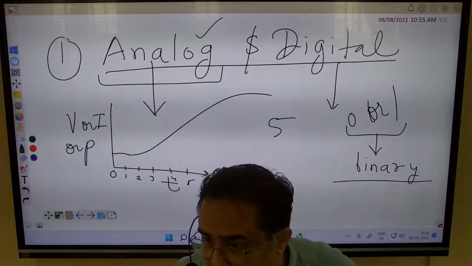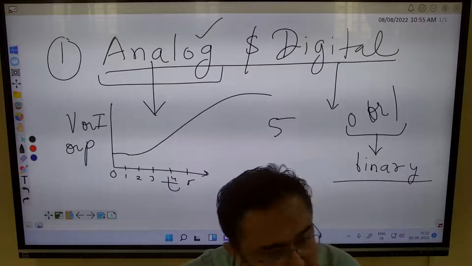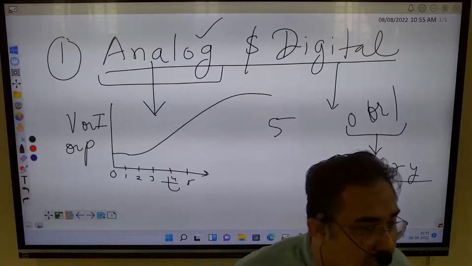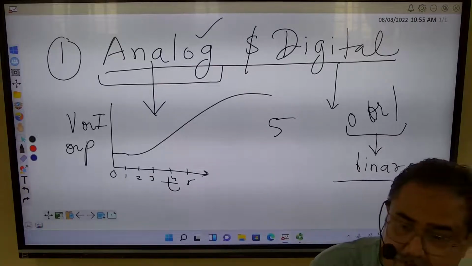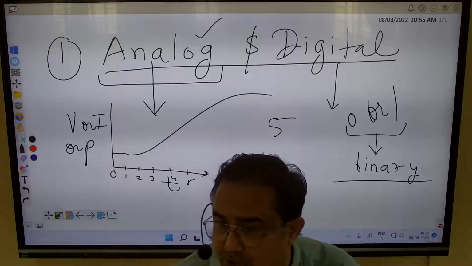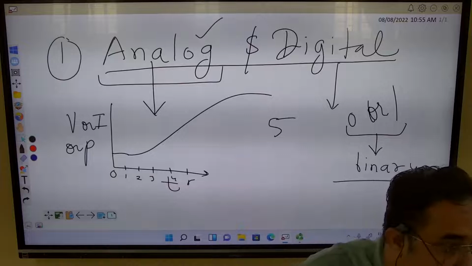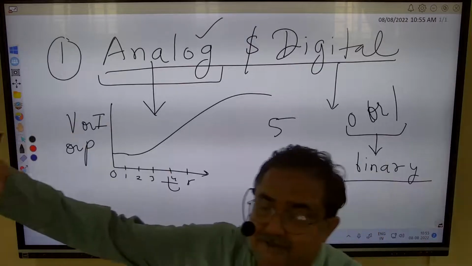When you type 5 plus 2, you know the answer is 7. How does the computer know? The computer does not know 5, does not know 2, but the analog to digital converter will convert 5 into a digital number, 2 into a digital number, and the plus sign into a digital number, and then it will process the digital numbers and give the result 7.